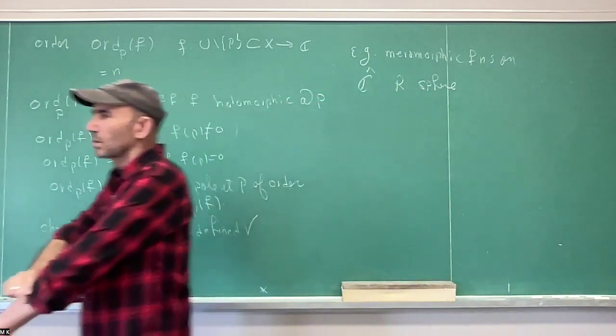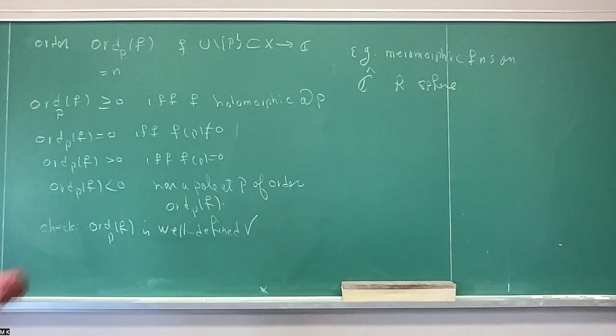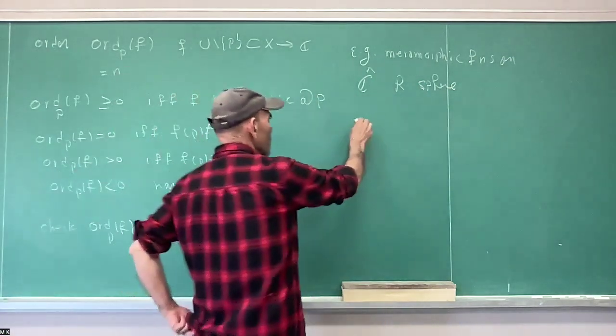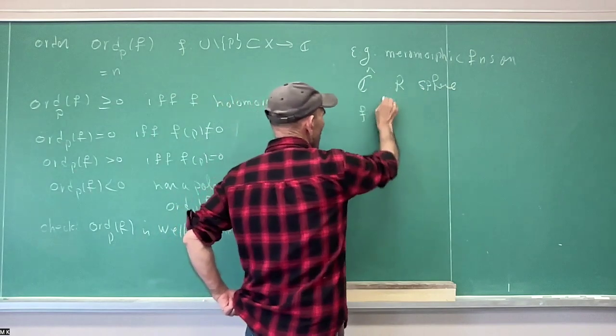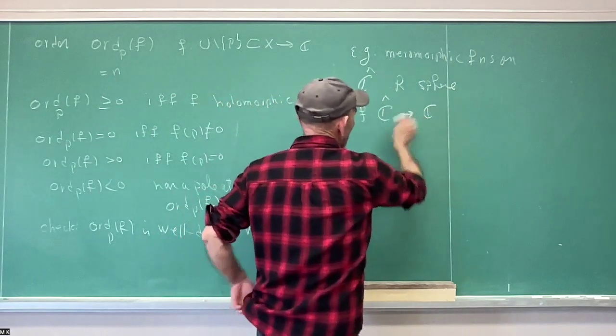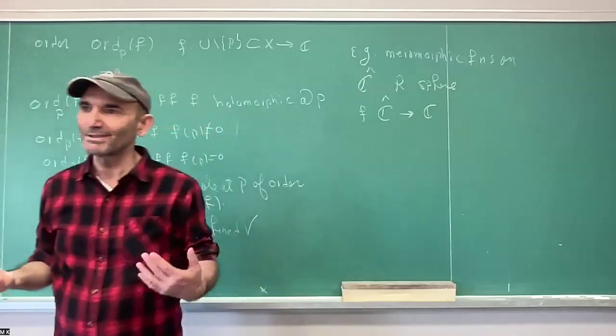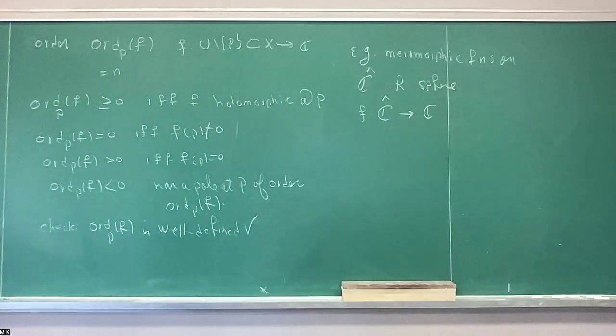I want a function from C hat to C which is meromorphic. What are some possibilities that come to your mind? 1 over Z? Yes, absolutely. Rational functions, yes. Anything else? Polynomials? Polynomials are also examples of rational functions, with denominator 1.